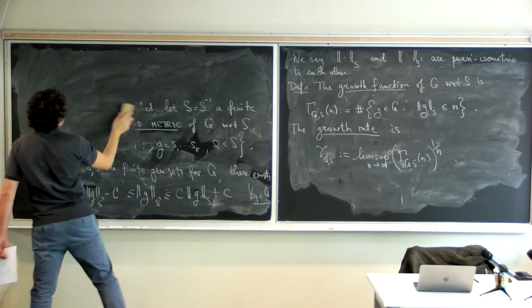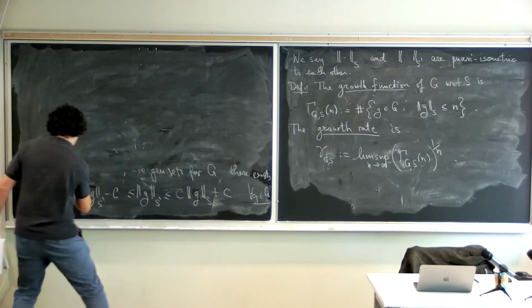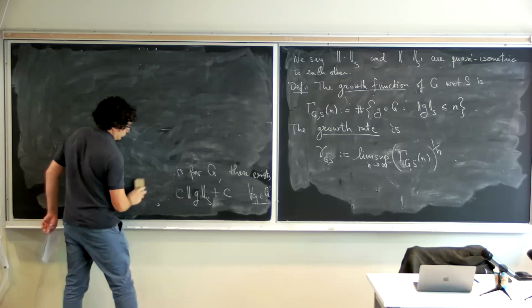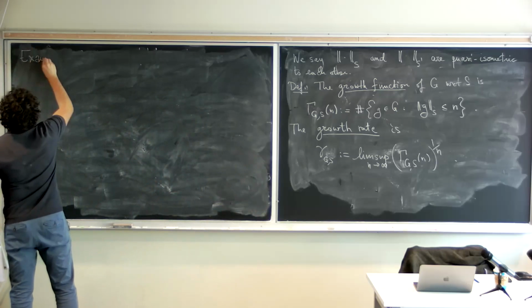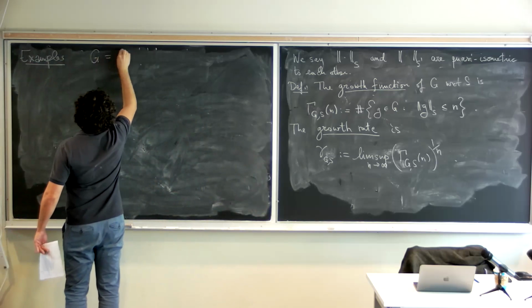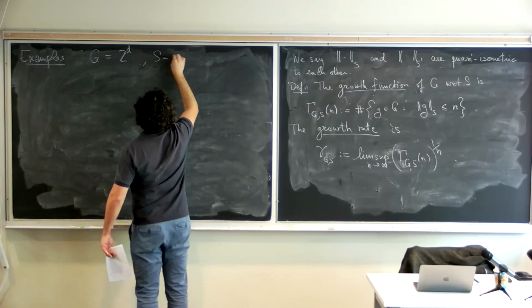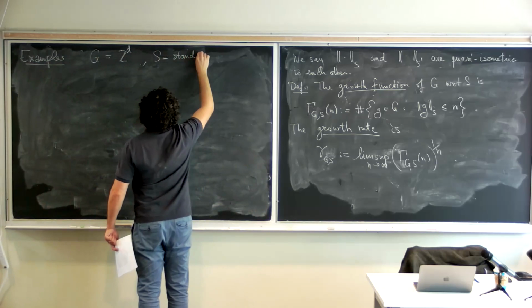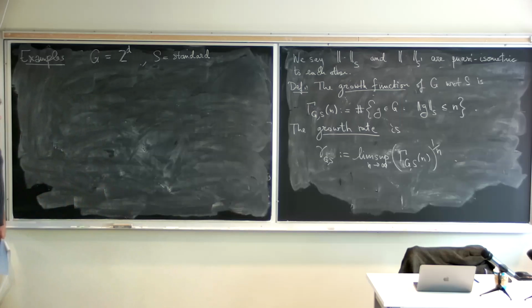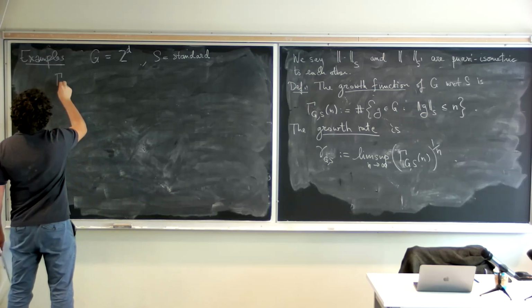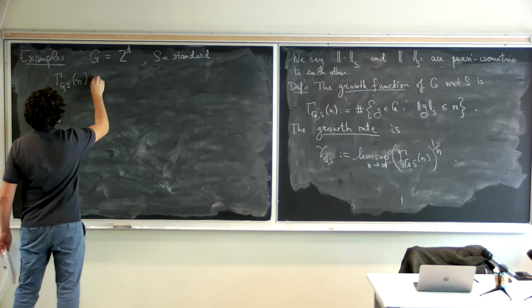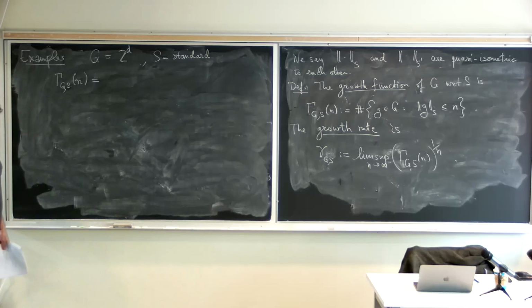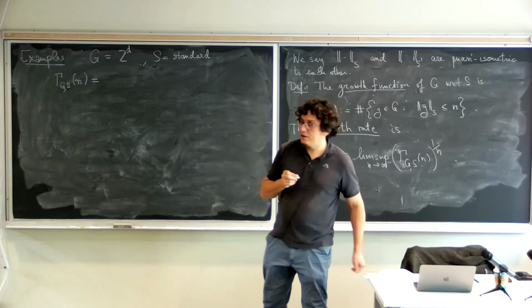So in fact, we can see some simple examples that we already know. We take G equals Z^d, and S is the standard generating set, the one that generates the simple random walk on the d-dimensional grid. Then what is gamma_{G,S}(n)?